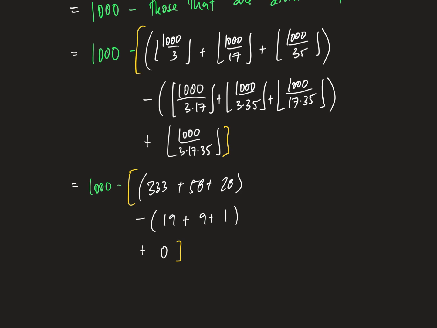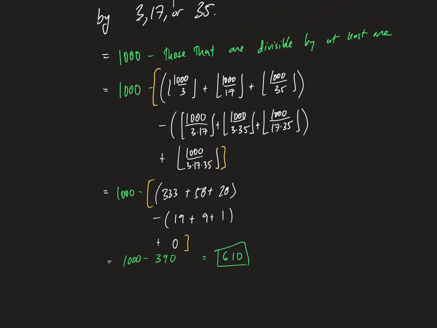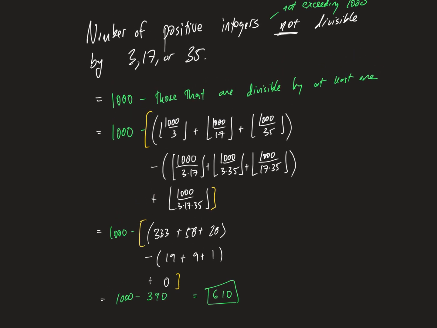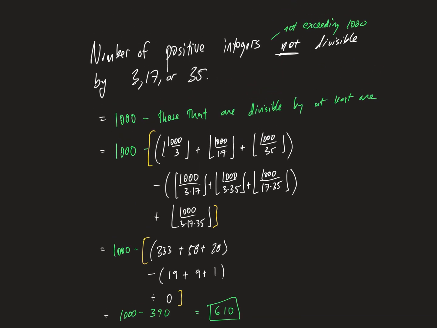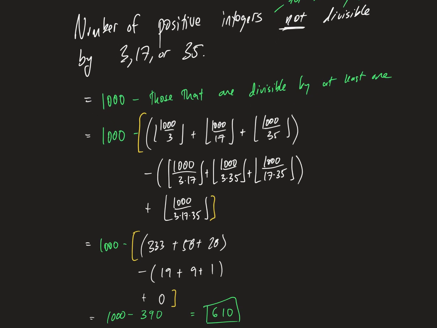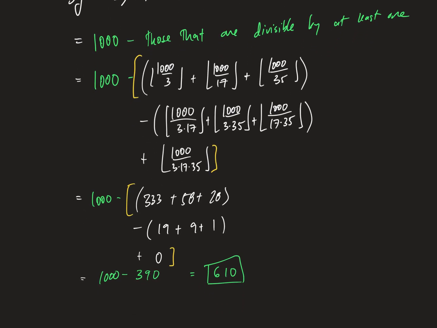Okay, so now this is going to be 1,000 minus 390. So our answer is 610. So there are 610 numbers that are positive and not exceeding 1,000 that are not divisible by 3, 17, or 35.